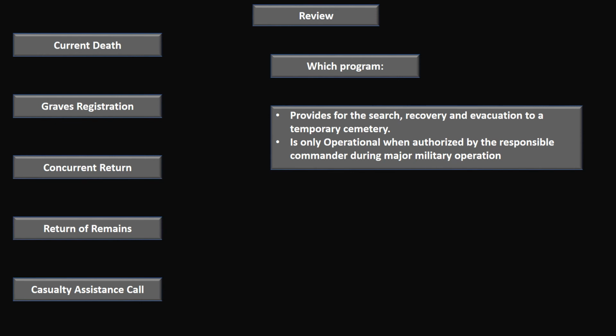Well, that's our Graves Registration Program: temporary cemeteries, operational when an operational commander says so during a major military operation.